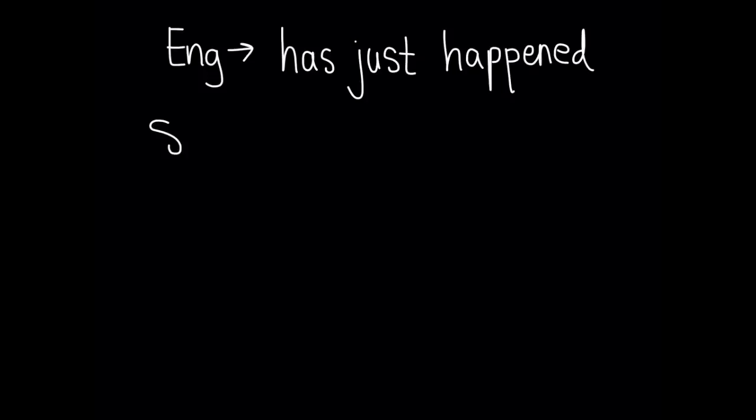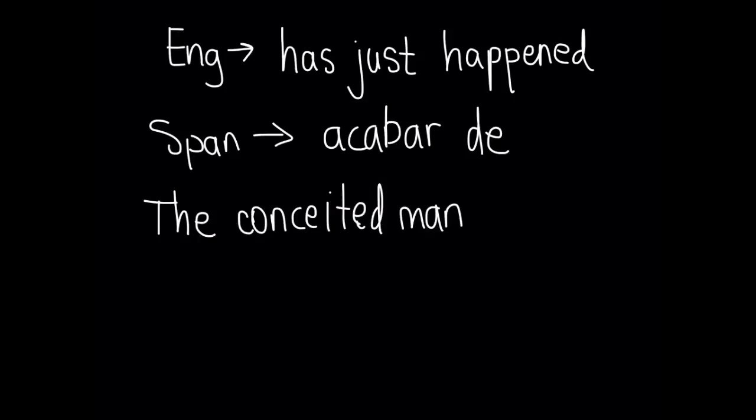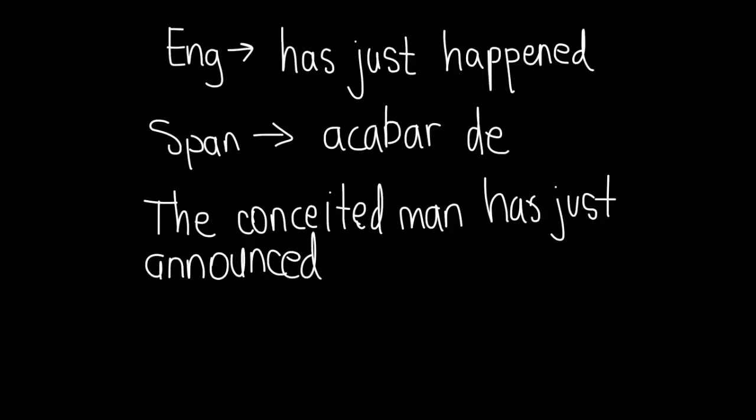So in English, when you want to say that something has just happened, the equivalent in Spanish will be acabar de. So for example, the conceited man has just announced his good fortune.